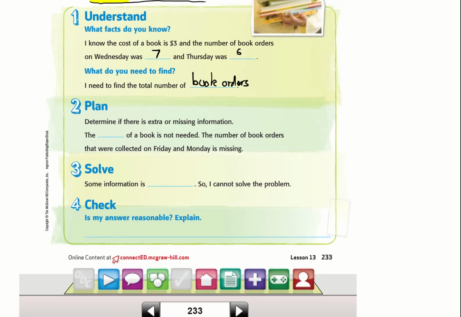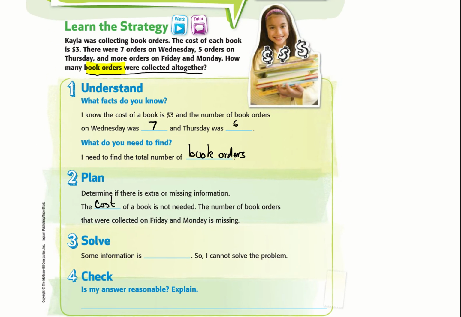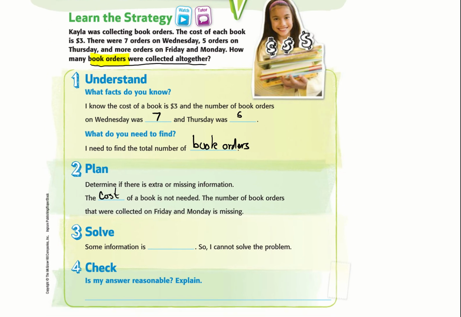Plan. Determine if there is extra or missing information. So we know the cost of a book is not needed. The number of book orders that were collected on Friday and Monday is missing. So if we look back at the question, it says, how many book orders were collected altogether? So this is just asking for book orders.